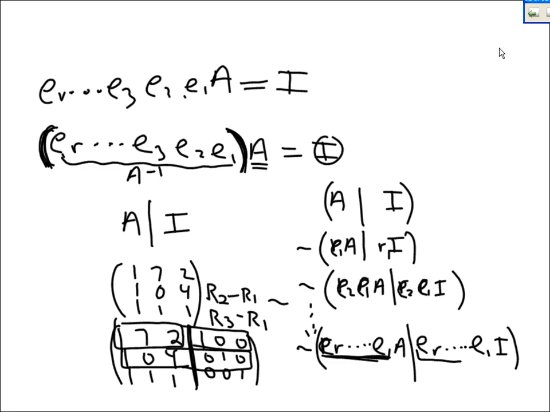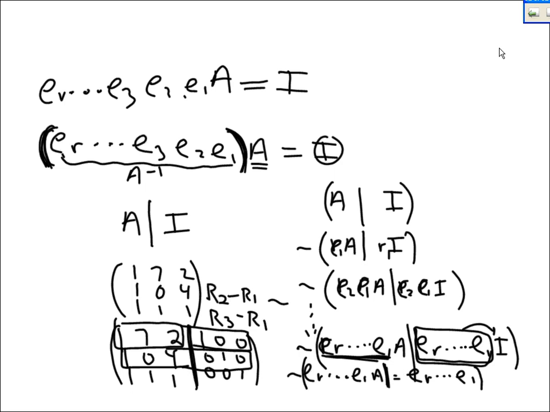Oh, look, it's right here. When we multiply it by I, we get this back. That is E_R all the way down to E_1 times A, which gives us E_R all the way down to E_1.